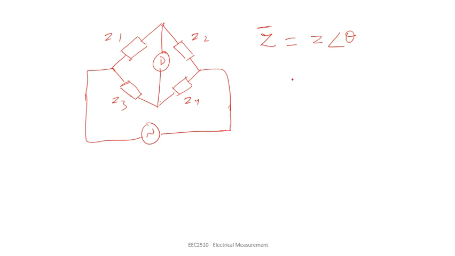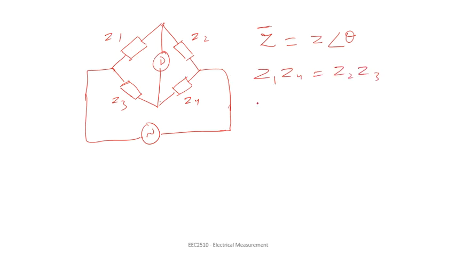In AC bridges, the condition of balance is that the product of the magnitudes of the opposite arms' impedances should be equal. That means Z1 Z4 should be equal to Z2 Z3.